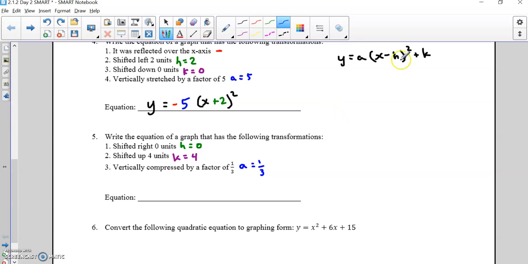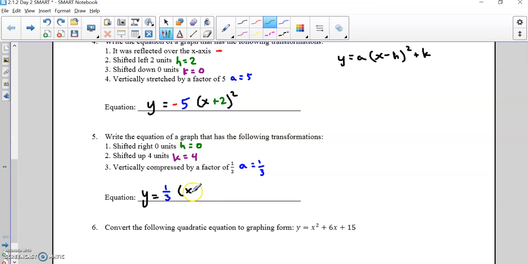Now recall our general formula. Y equals. We don't have any negative signs this time, so we can go straight to the A. So A is 1/3. We're going to write that first. And then comes parentheses x. Now, here's the thing.